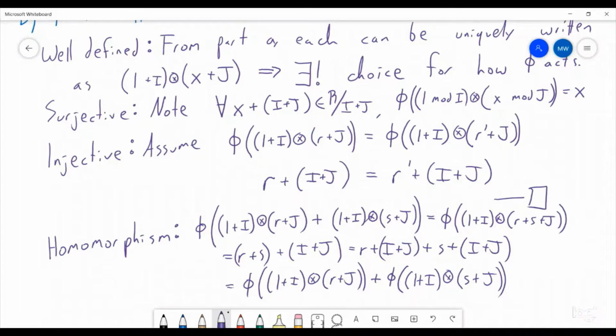So this does work over addition. The only other piece is, does this work over scalar multiplication?